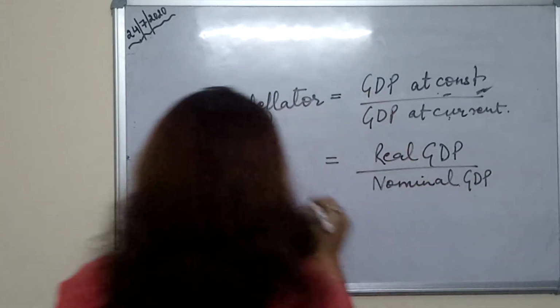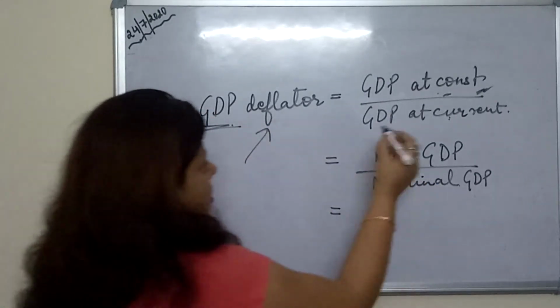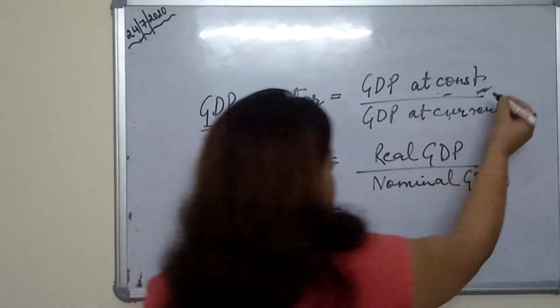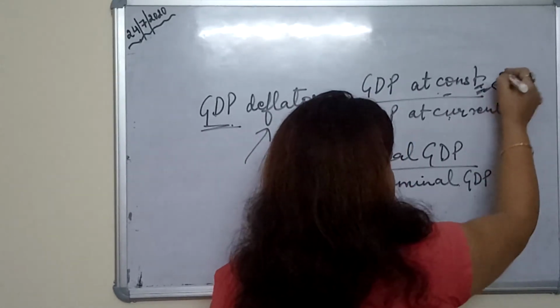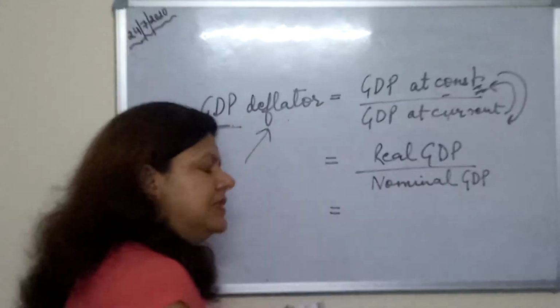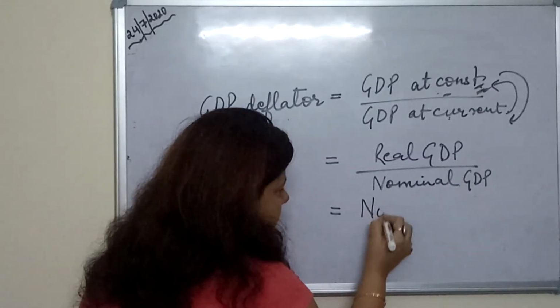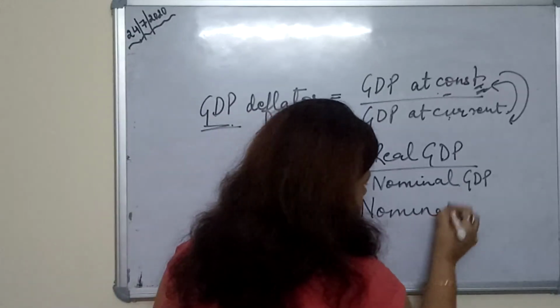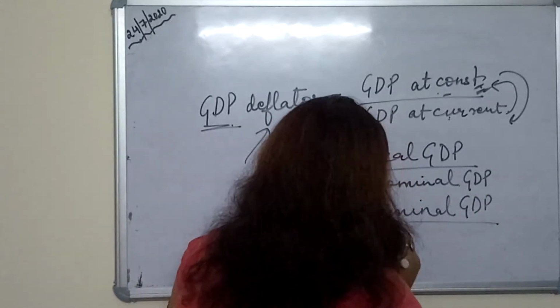But students, when we are calculating how much we are deflating, we will be taking constant as above and current as below. Why are we taking deflator? Because it tells the ratio.